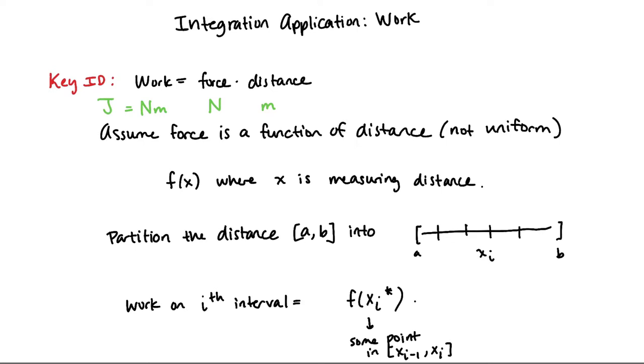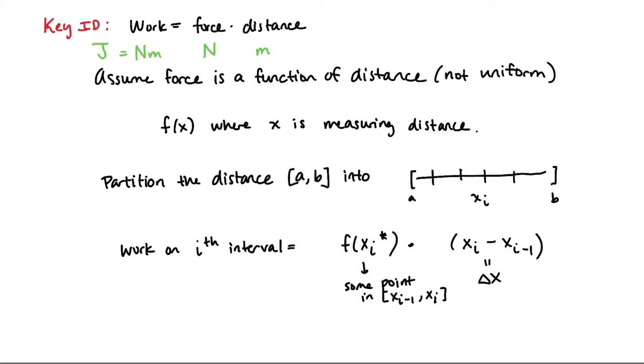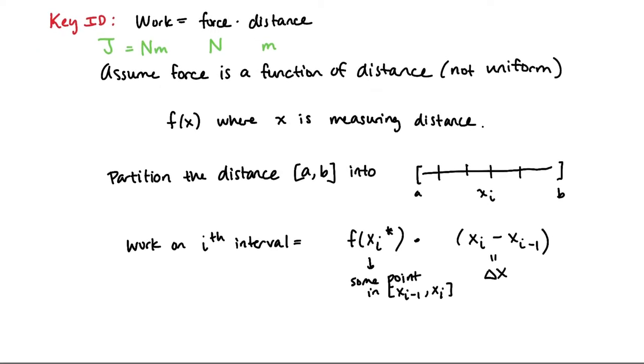So force times the distance, where the distance is x sub i minus x sub i minus 1, which is equal to delta x. So the work on the ith interval is f of x sub i star times delta x.